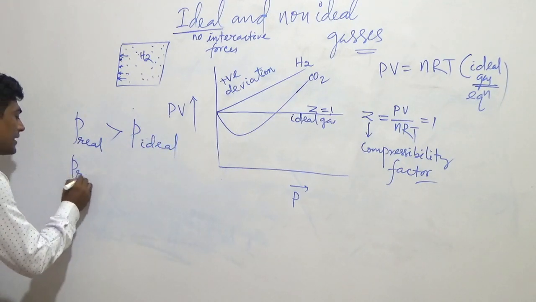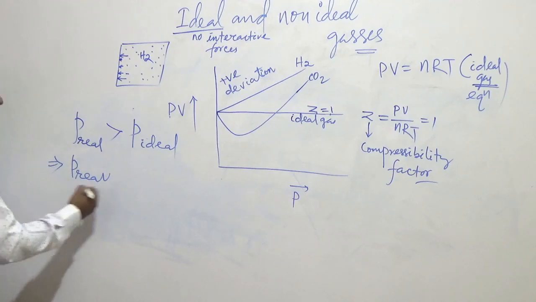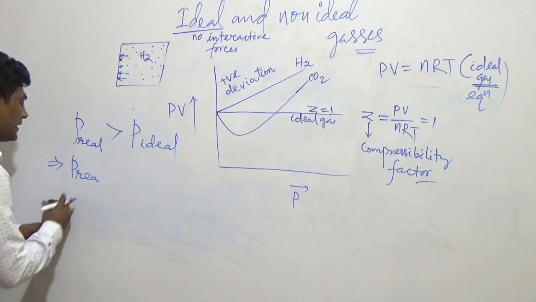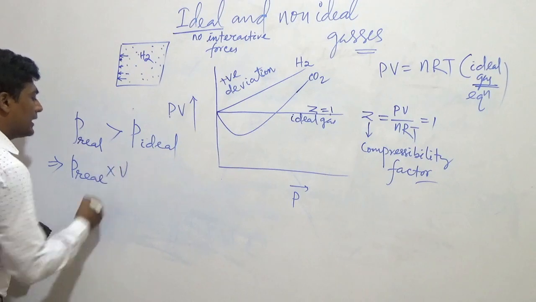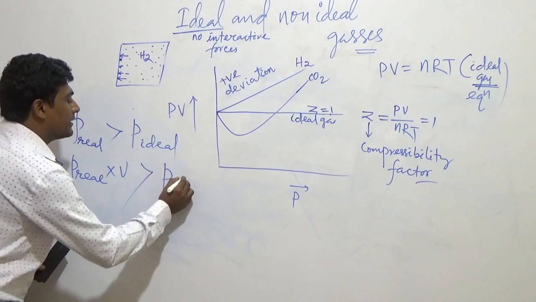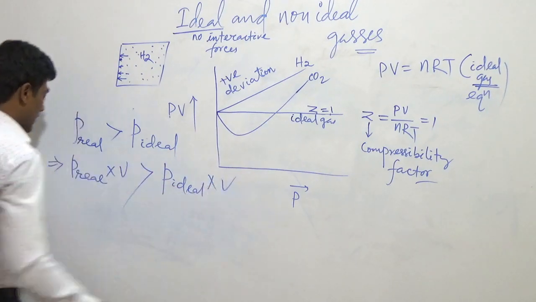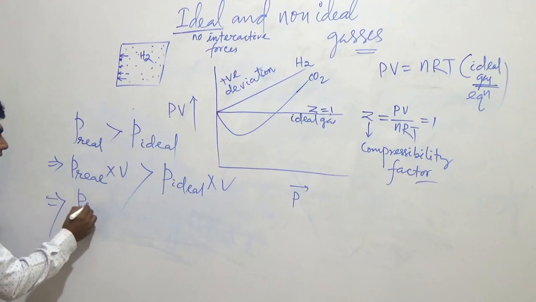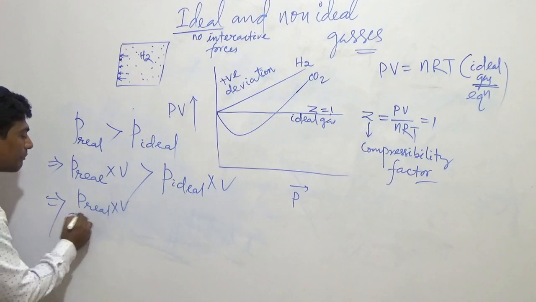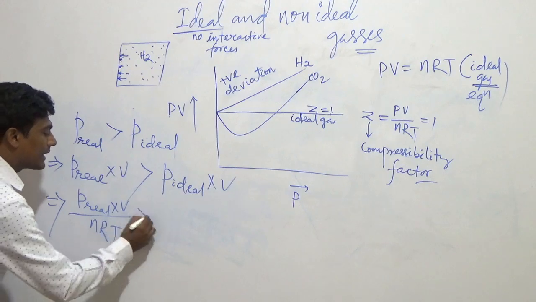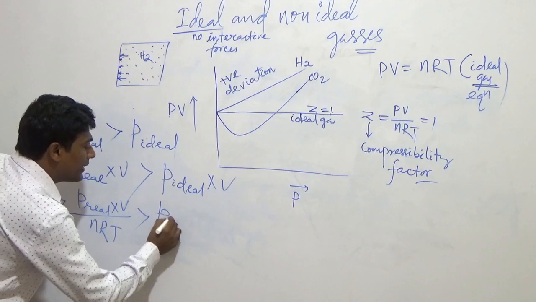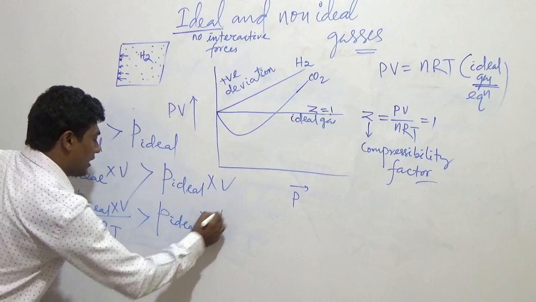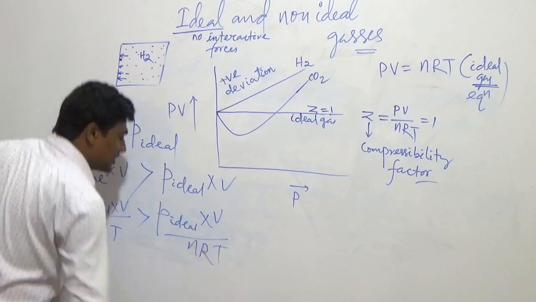Then P real V is greater than P ideal V, implies P real V by nRT is greater than P ideal V by nRT. Do you get me?